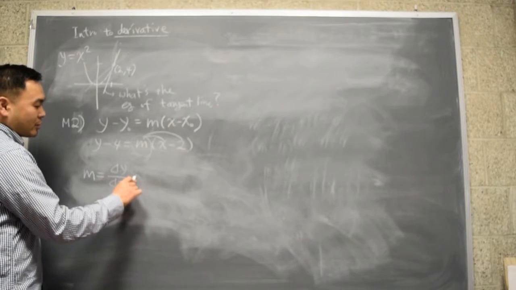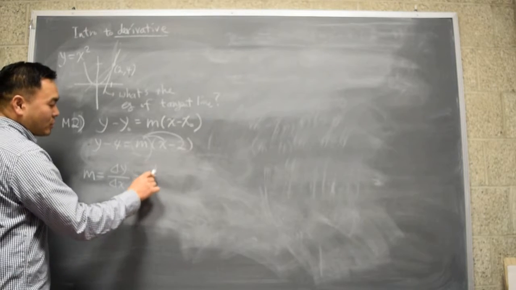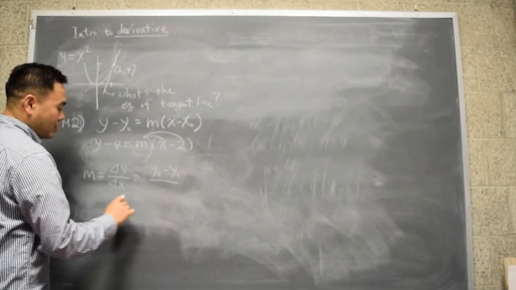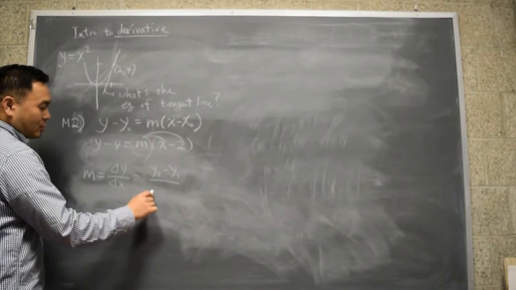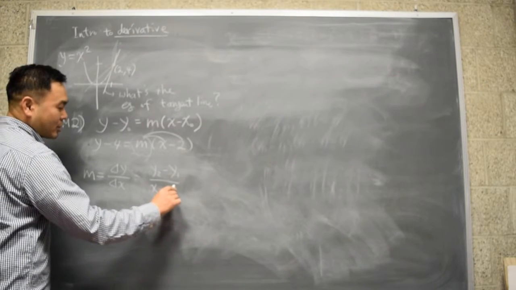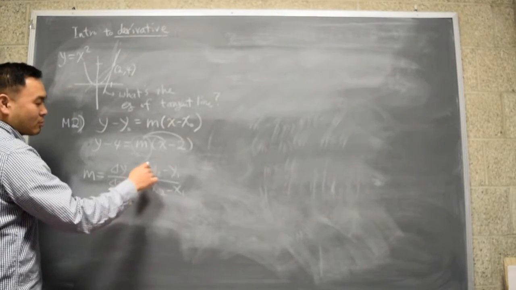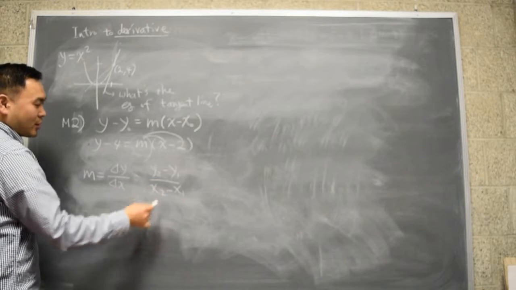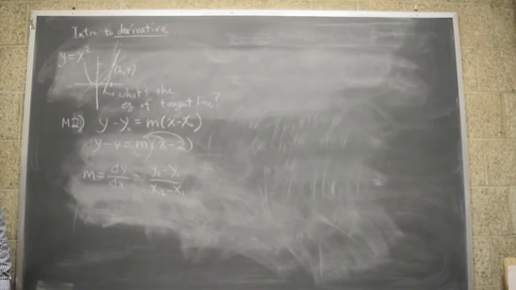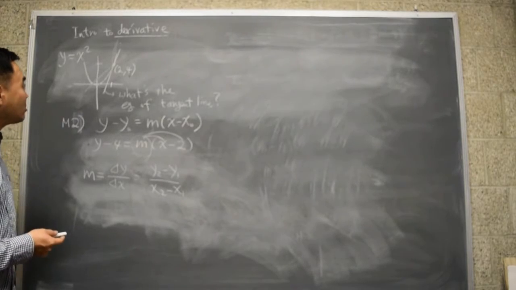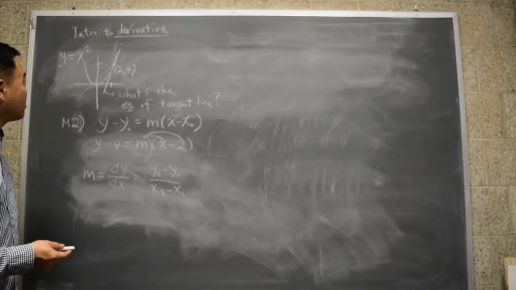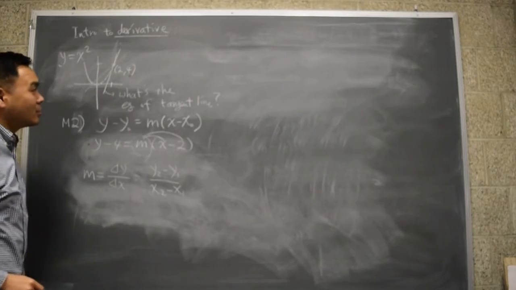If you're given 2 points, change of y is y2 minus y1, and change of x is x2 minus x1. So change of y divided by change of x gives you the slope. Now for us, that's not so useful because we only have 1 point.